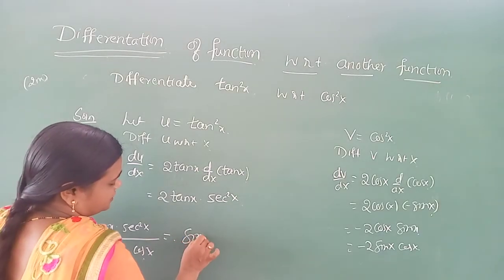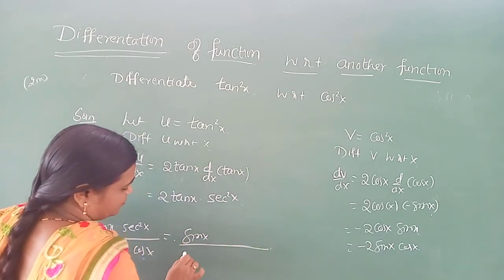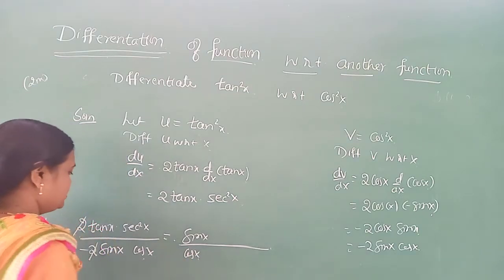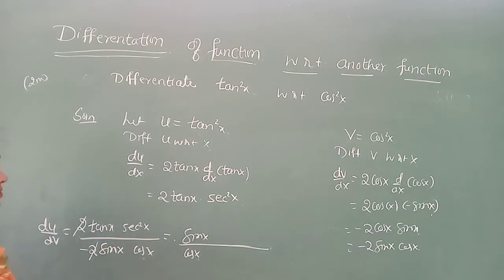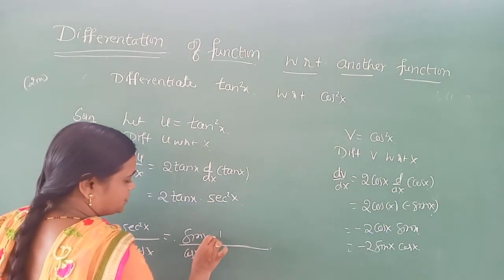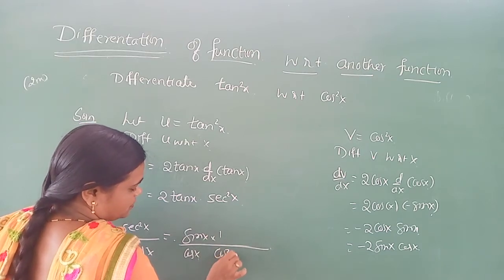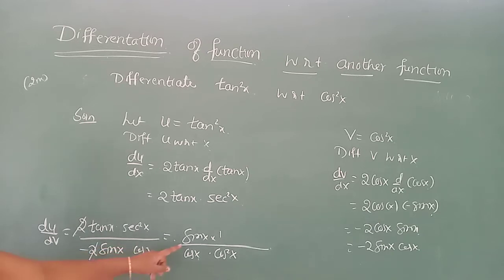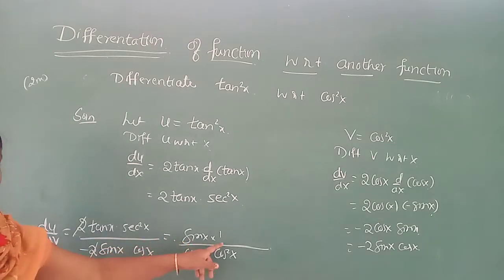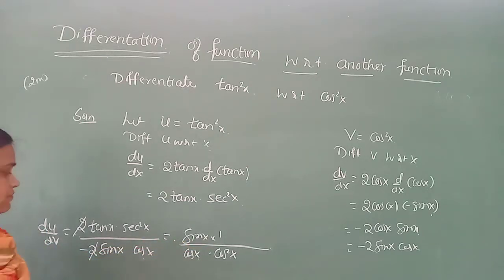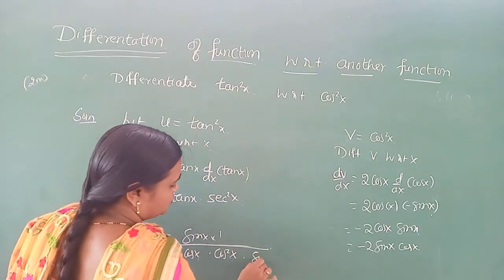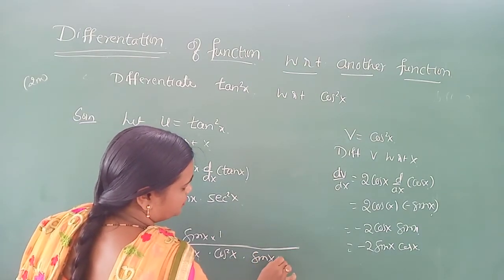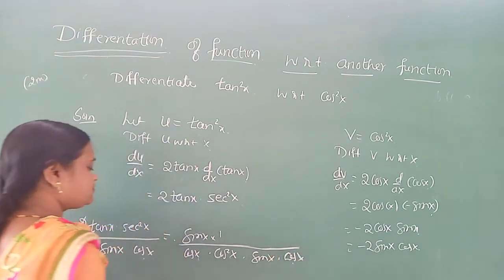Therefore we write sin x by cos x. And secant square x can be written as 1 by cos square x. Did you understand? Tan x is sin by cos. Secant square x is 1 by cos square x. The remaining one we write as it is, into sin x into cos x.